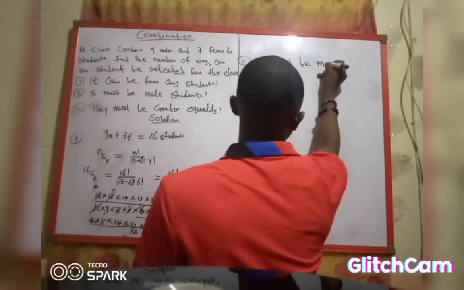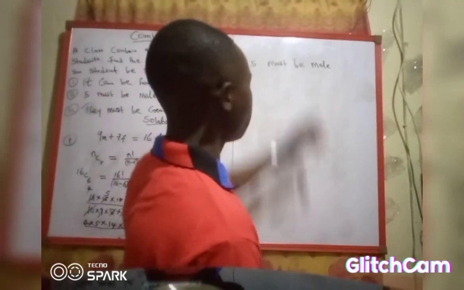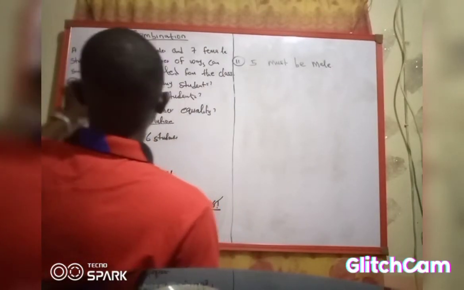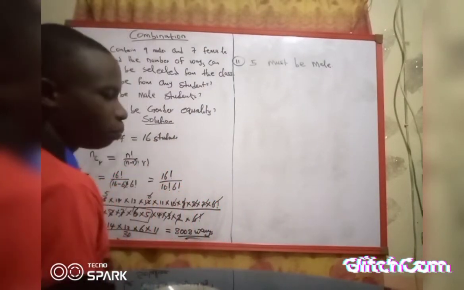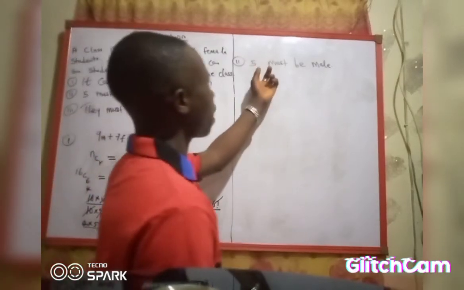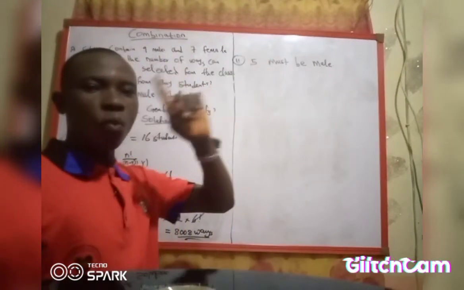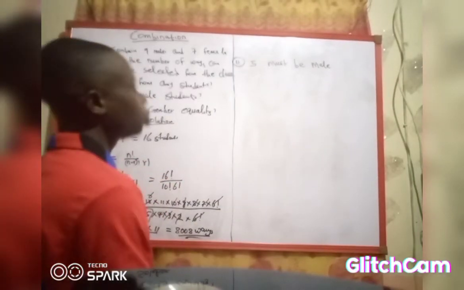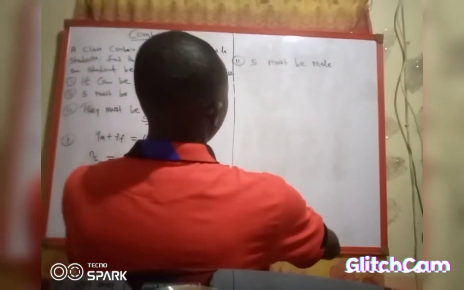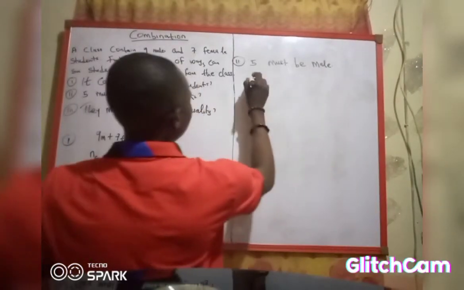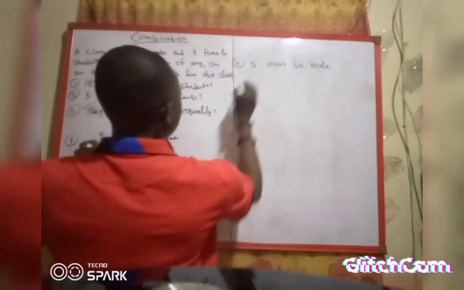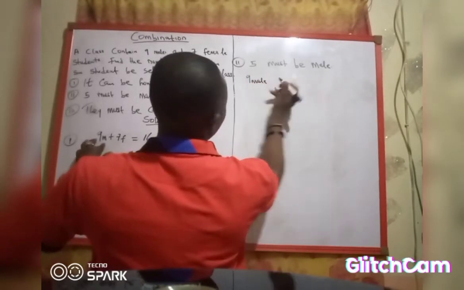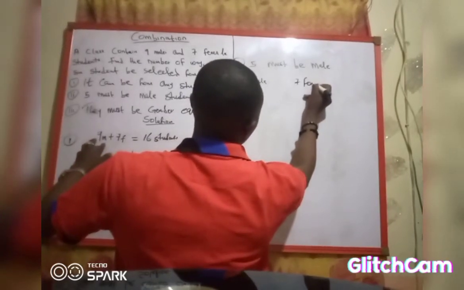If 5 must be male, and the question says we should select 6 out of the whole population, then if we select 5 male, we are going to select 1 from female so that it will make 6. So from here now, I have 9 male, 7 female.